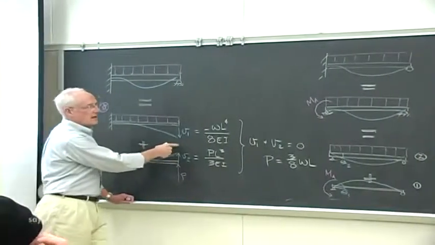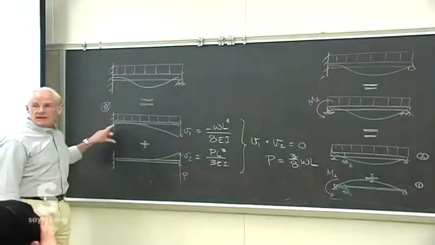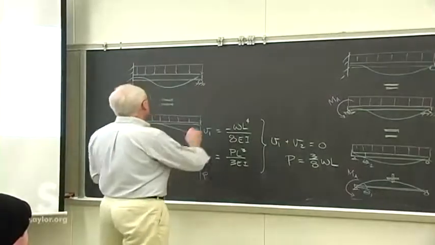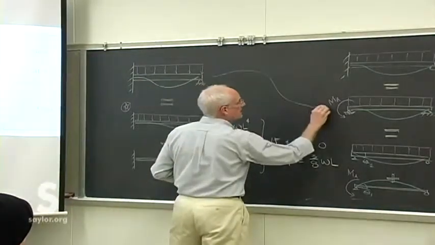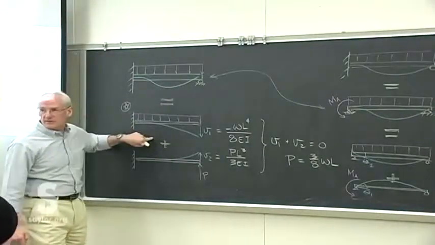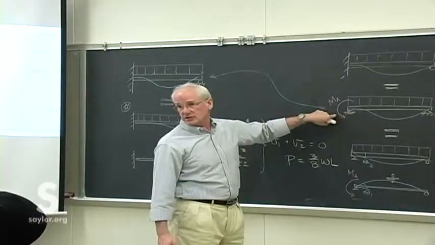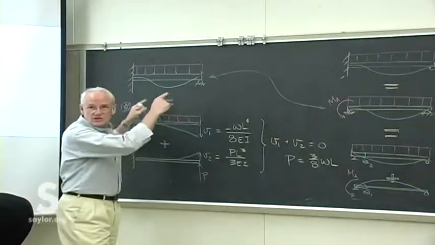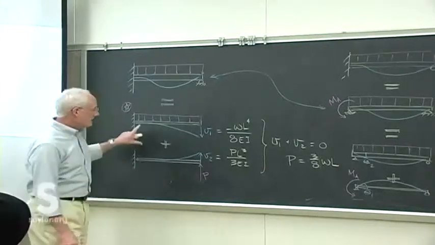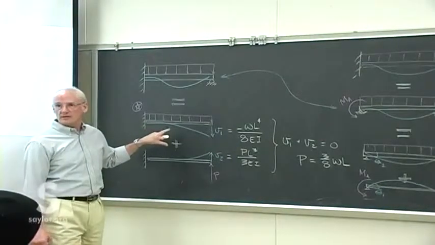We use this for the right end reaction, we use that for the left end reaction. The question might be, do these two models give the same elastic curve? We'll get an elastic curve from this solution, and we'll get an elastic curve from this solution. The question is, do they each give the same elastic curve? If they don't, then it might not be appropriate to choose two separate models.